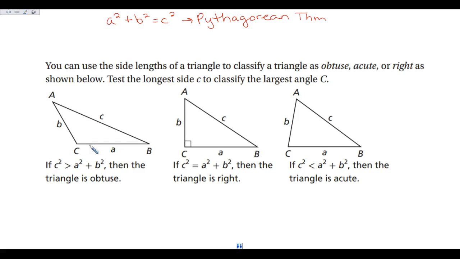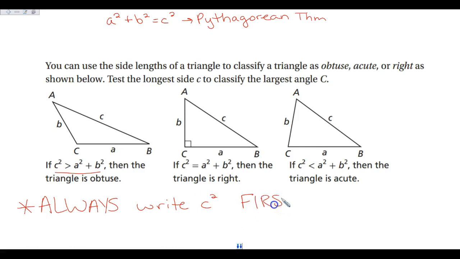All right, one thing that I want you to write down on this part right here is that the most important thing is that you always write c squared first.